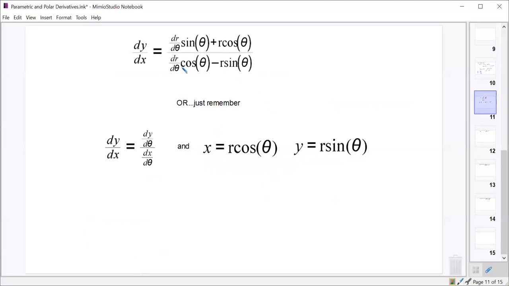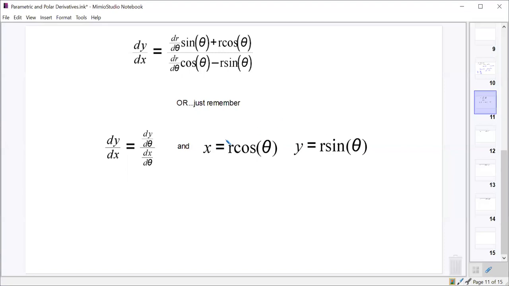And if you were to take your r cosine theta and your r sine theta and actually do that derivative, you will always end up with this: dy dx equals dr d theta sine theta plus r cosine theta over dr d theta cosine theta minus r sine theta. That's just by using the product rule on each of these.